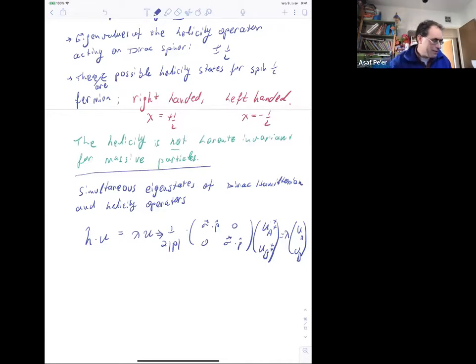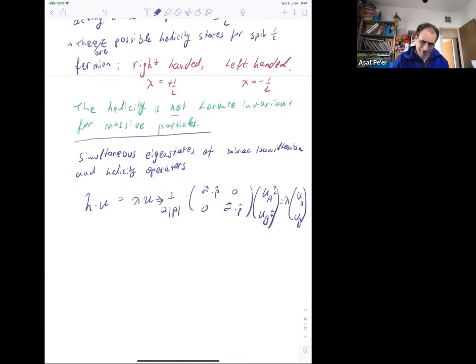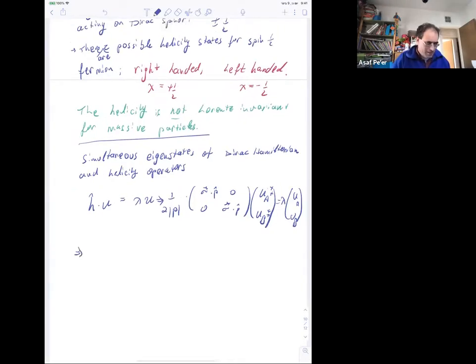Okay, let's continue the derivation. We have basically two independent equations here, which is just sigma dot p UA equals 2p lambda UA, and sigma dot p UB equals 2p lambda UB.